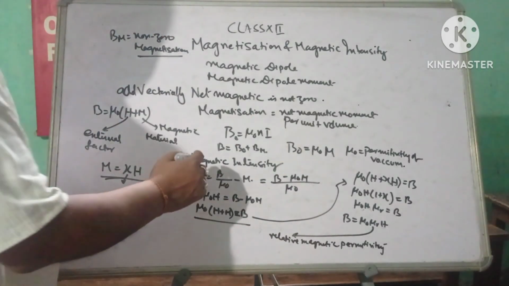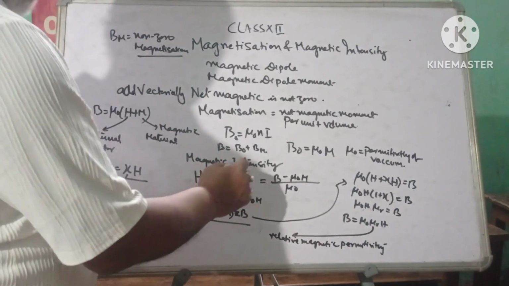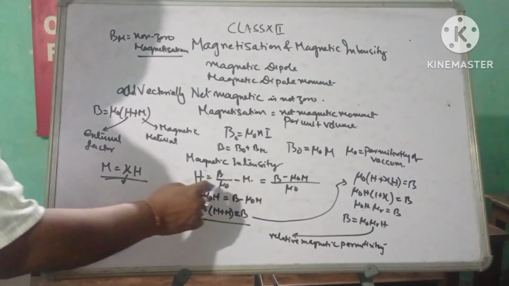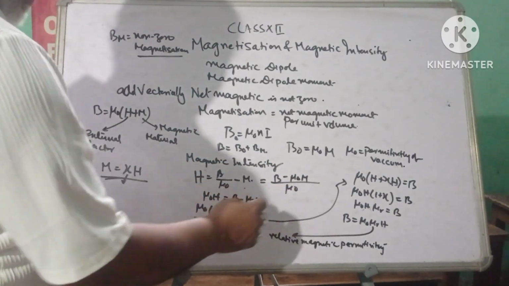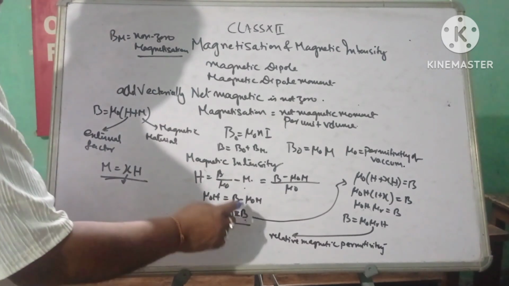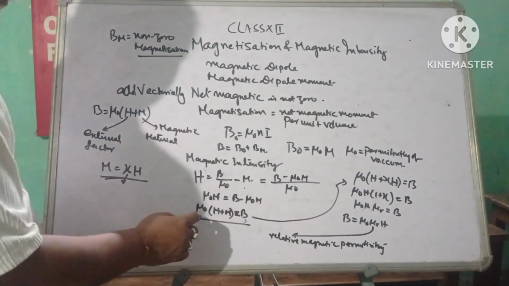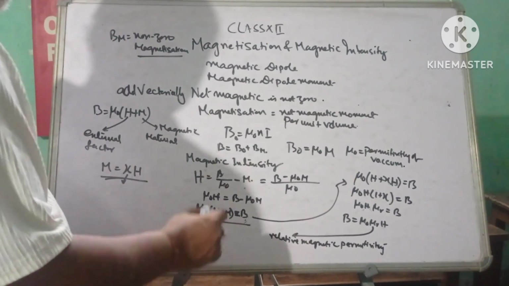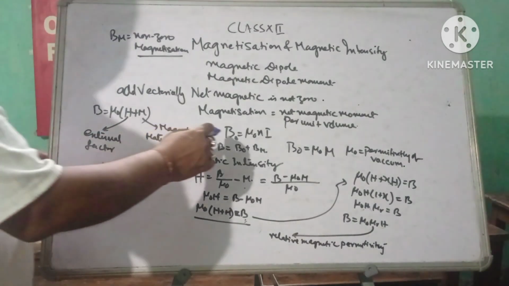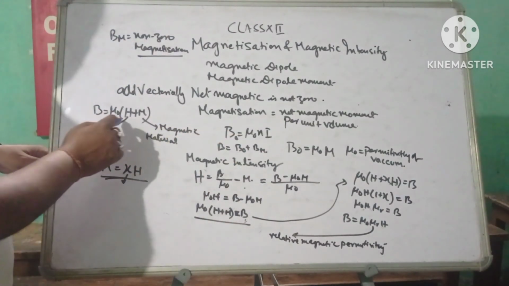And another topic is the magnetic intensity, and if you arrange it, we get the total magnetic field, that is equal to this. So what is the main conclusion here? This magnetic field is due to two factors.